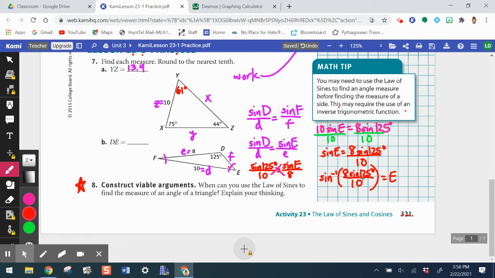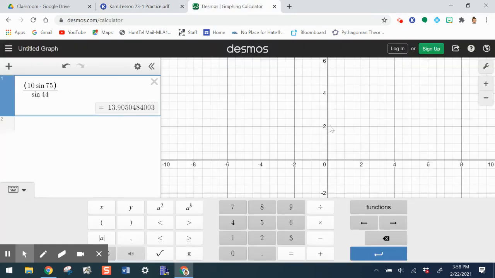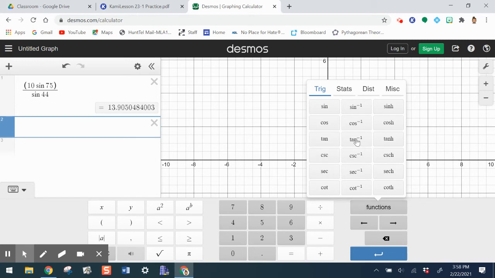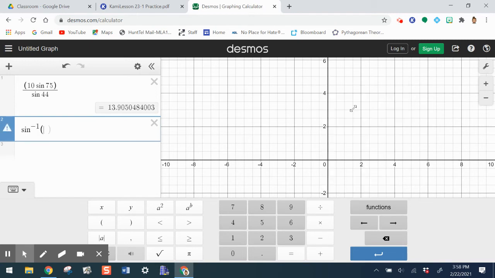So I'm going to show you how to put this all in the calculator on Desmos. In a new tab, we're going to find the inverse sine. And I'm going to use an extra set of parentheses, especially for those that are using a TI-83 or 84. You definitely want to insert another set of parentheses right here.